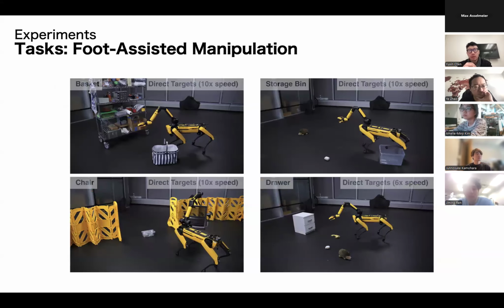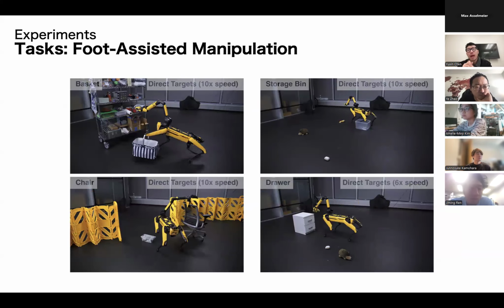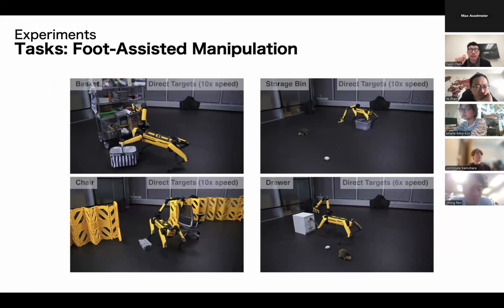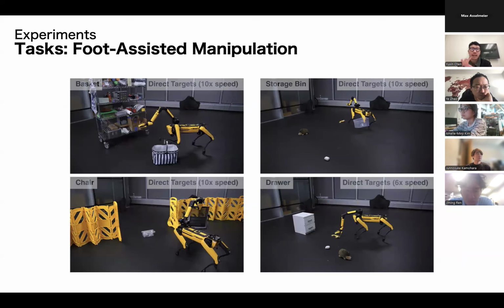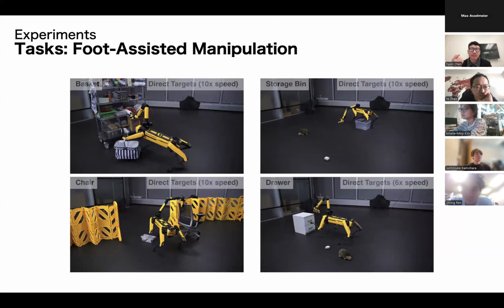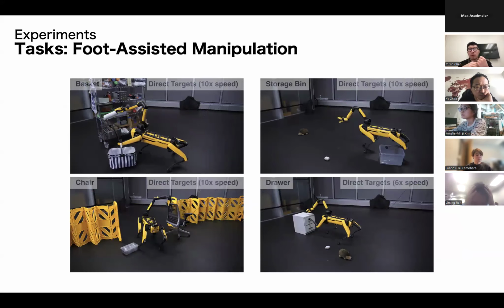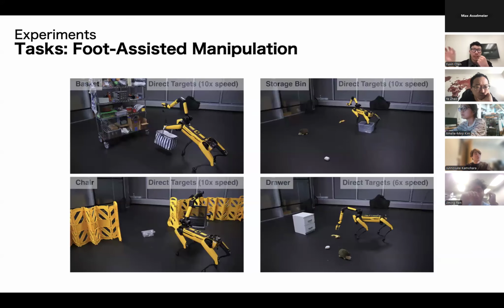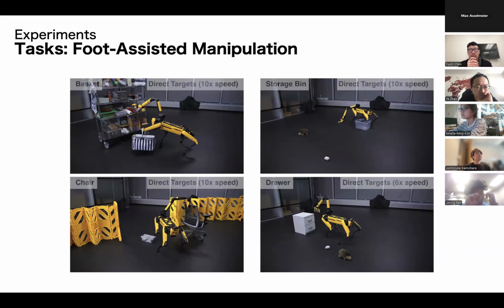For example, in the shopping scenario, if we only have one hand, we have to lift up the basket, and then once we're facing the shelf, we put down the basket, use the hand to pick the object into the basket, and then lift it up. But in real life, we usually have one hand holding the basket while the other hand picks the object and puts it into the basket. So it's a more human-like and more realistic setting.